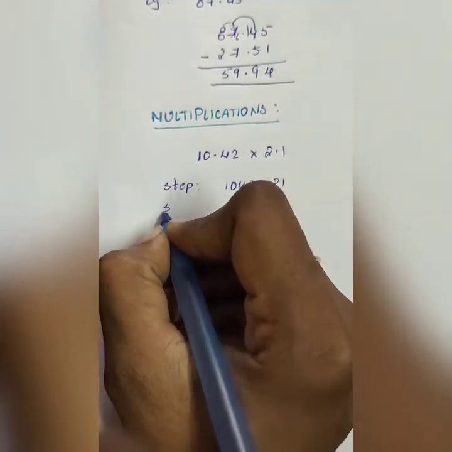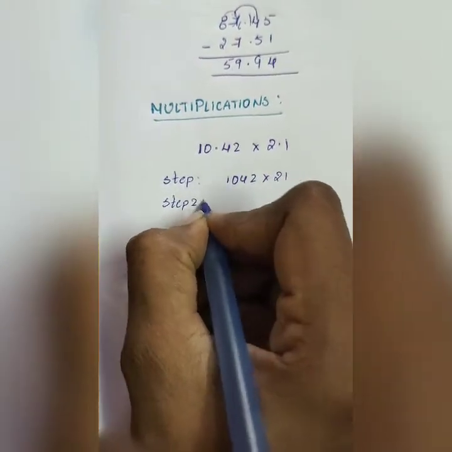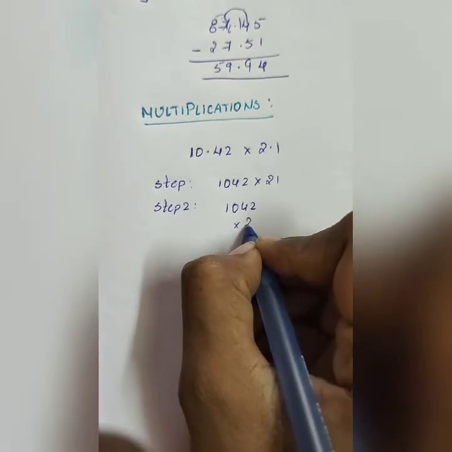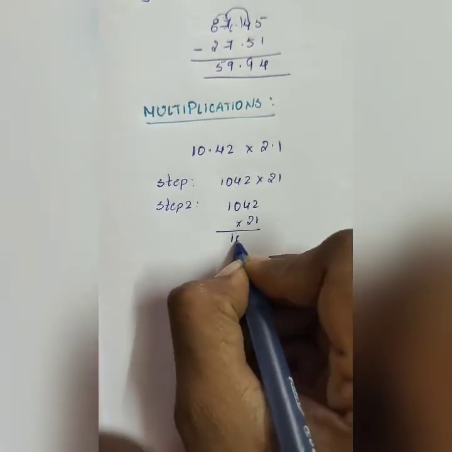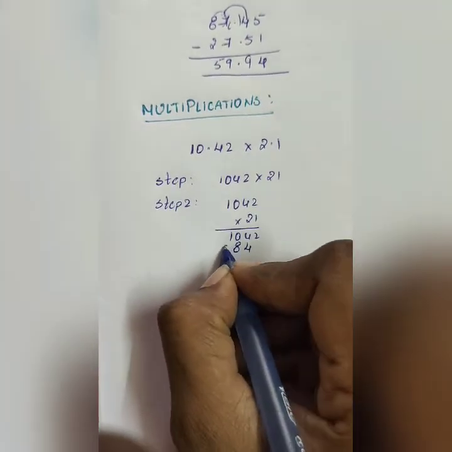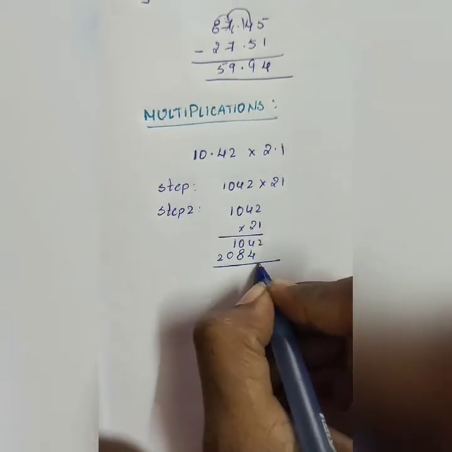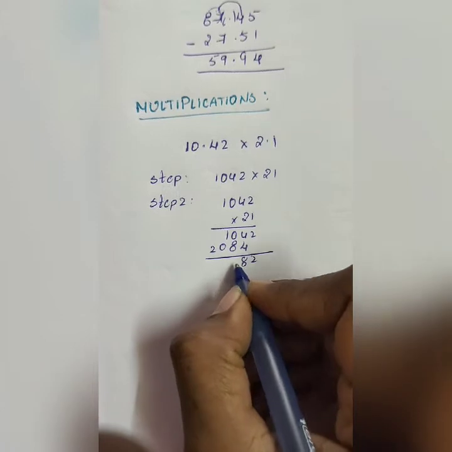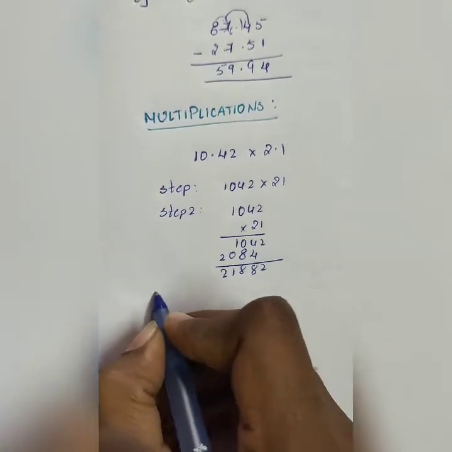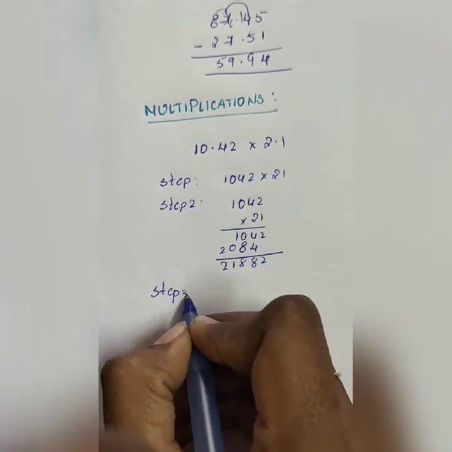What is step 2? Do the general multiplication, 42 into 21: 1042 and 4802 gives 28812. And what is step 3?